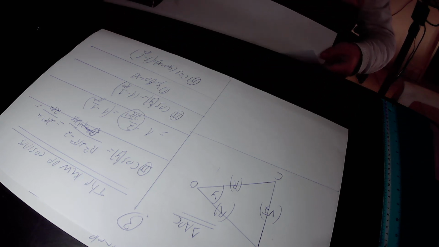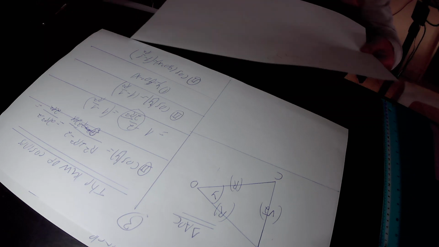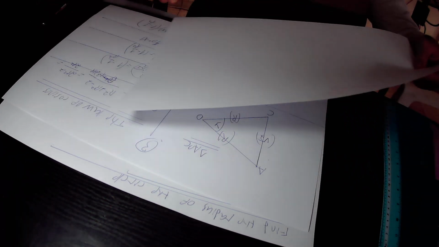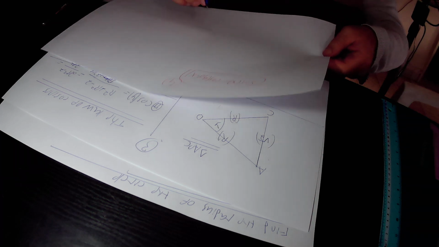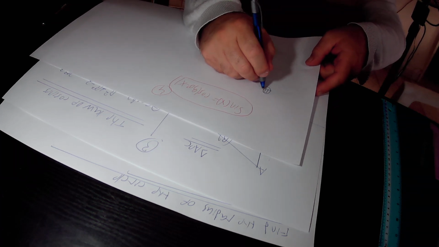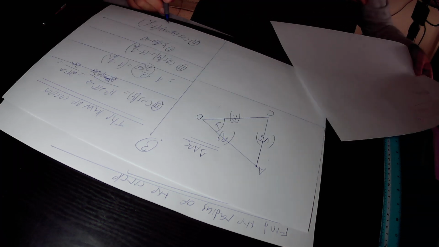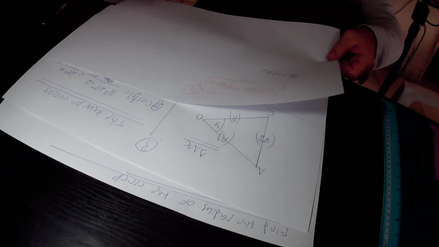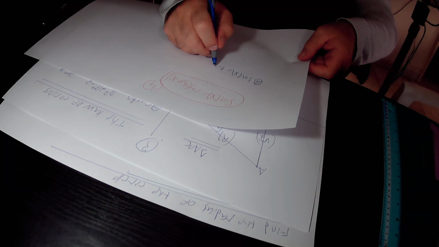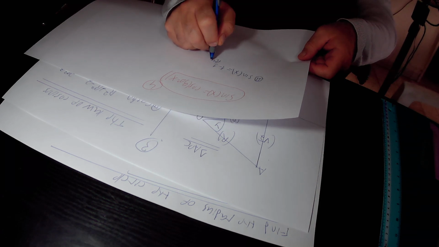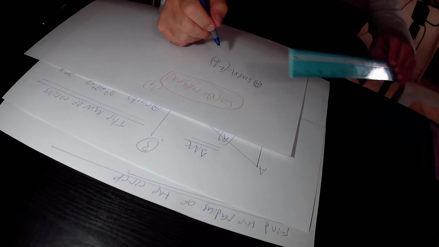We do it now, and we get that according to equation 2, cosine of 90 degrees minus x is sine x, and it equals 1 minus 1 over r squared. This is according to equation 2.